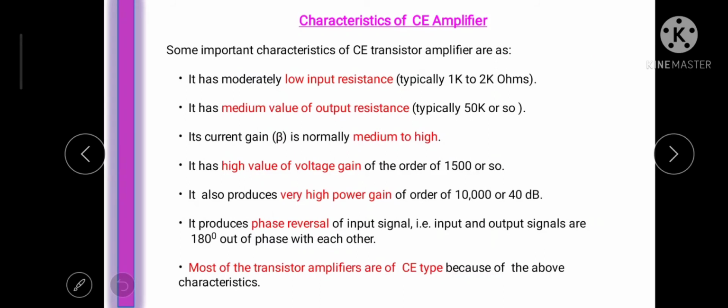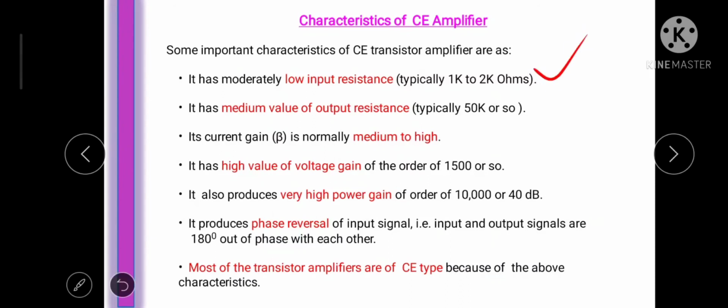Now in this slide, we will discuss some important characteristics of the common emitter transistor amplifier. First, it has moderately low input resistance and its typical value is from 1K to 2K ohms.